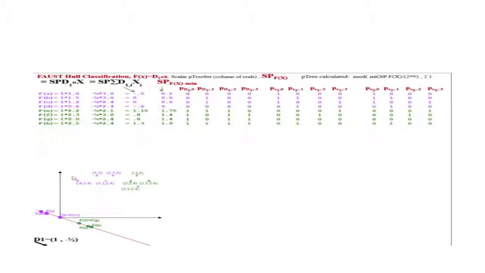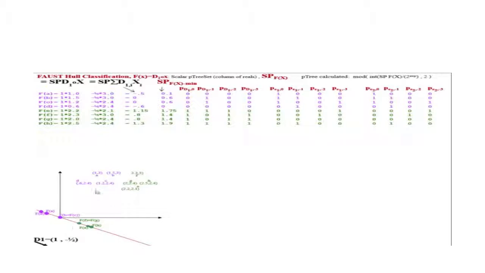These are two classes, one the purple class and another the green class, which we have successfully found by applying this FAUST hull classification. We will shortly see how these classes have been formed. To give this idea more clearly, Dr. Perrizo has already colored these classes purple and green, and I'm just walking you through all the slides.